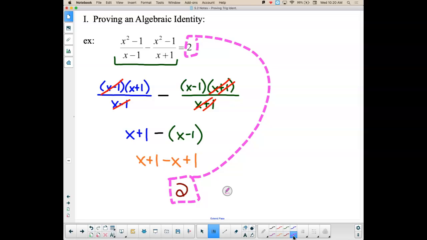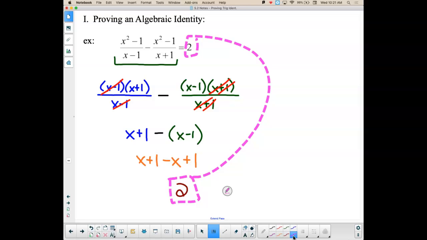So not only on these problems am I giving you a question, I'm also giving you the answer. And you have to keep going until you get the answer. You're not done until you get the left side equals the right side. So you're going to simplify one side until it's the other side.